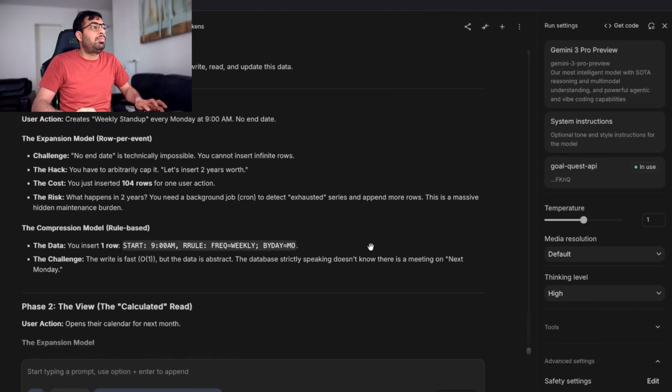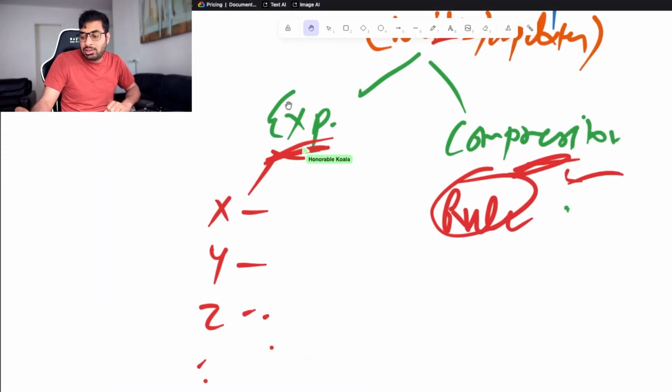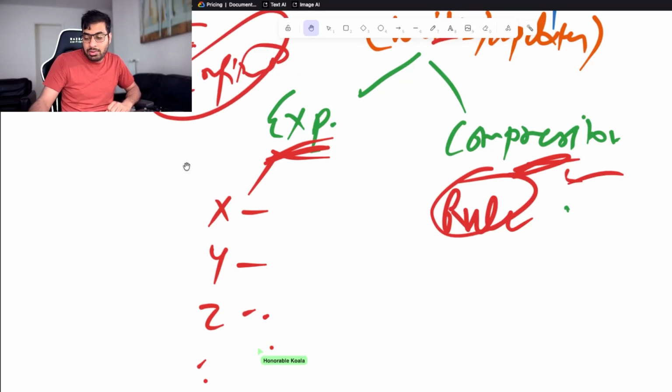But here the problem is the infinite write problem. What it means is that if you want to set an infinite series, then you basically cannot do it, because of course you cannot insert infinite rows into the database.